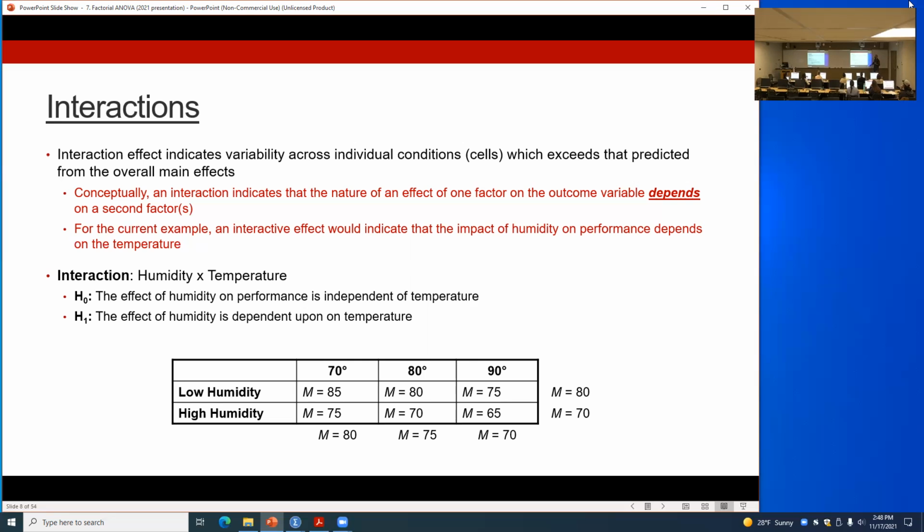Okay. Josiah, do we have a main effect of temperature here? Yeah, maybe. It looks like performance is decreasing as we increase temperature, whatever this task is.